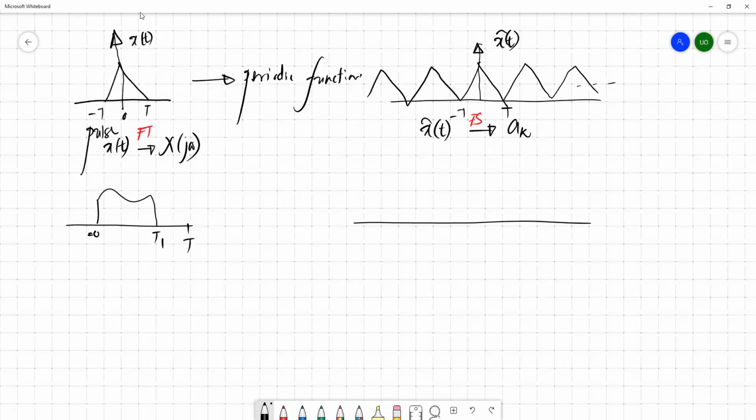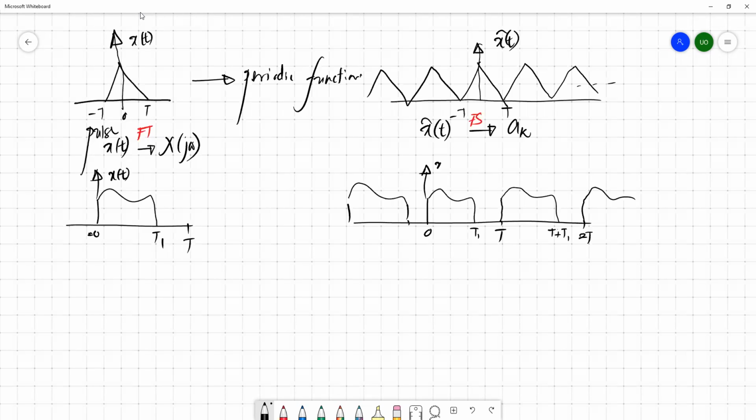Here you can generate this kind. So this is your x t, and this is your x tilde.